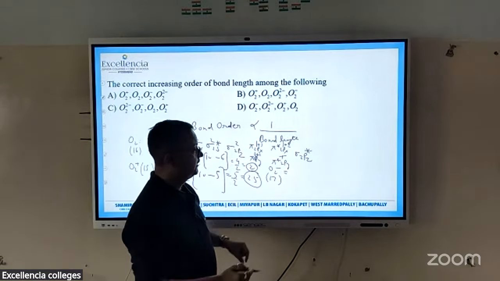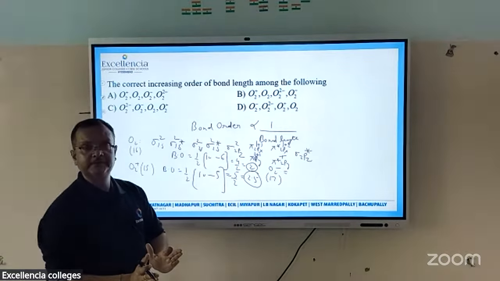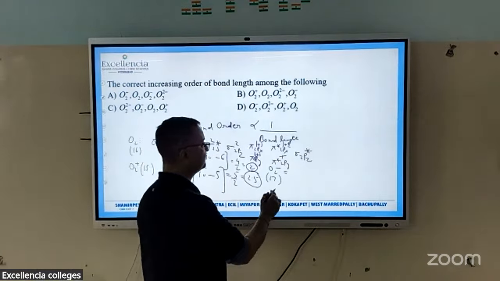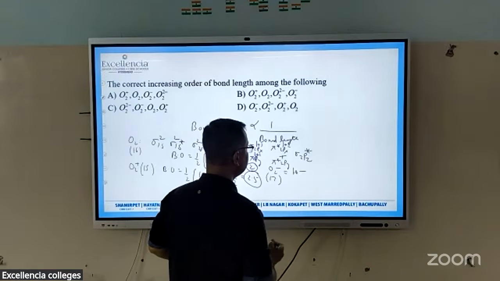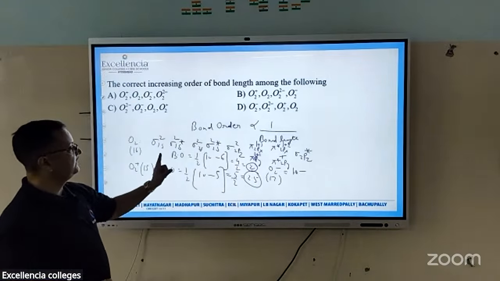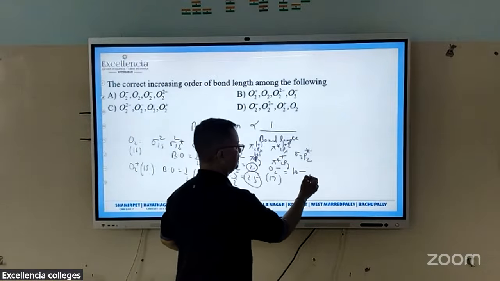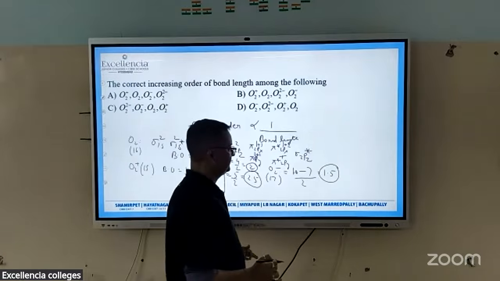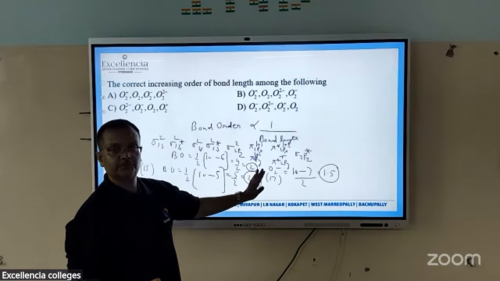Bonding electrons are the same, 10 only, but anti-bonding electrons will rise: 2, 4, and then 5, 6, 7. So 3 by 2 is 1.5. So 1.5 is the bond order for O2 minus.